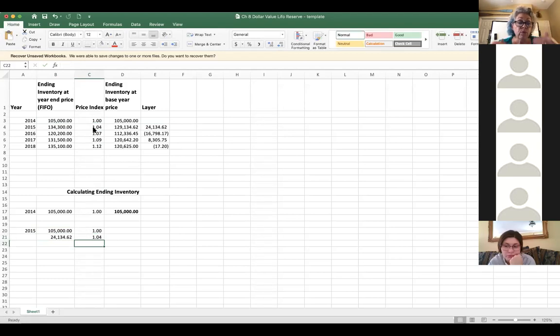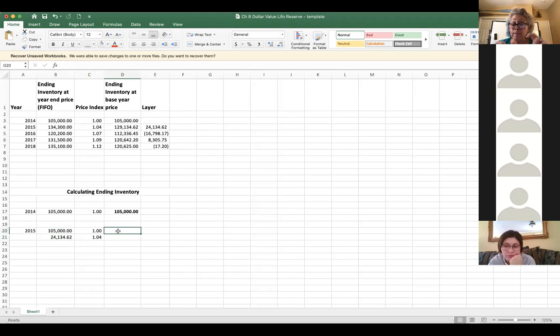Remember, we're using price indexes instead of unit price to calculate ending inventory. This is a substitute for my per unit cost. So now I need to reinflate because I want to know I added a layer at 2015 prices to the layer that I already had.